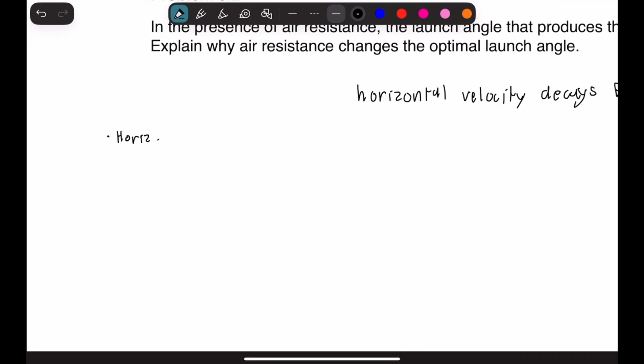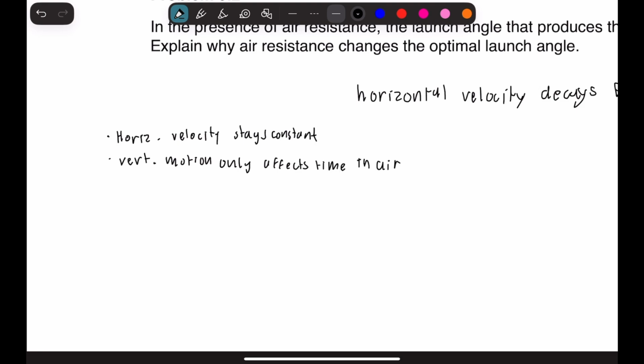Without air resistance, we know that the horizontal velocity stays constant, and that vertical motion only affects time in the air, right?